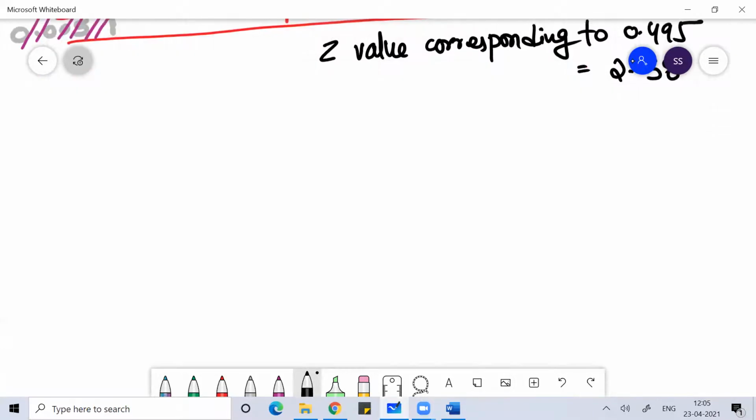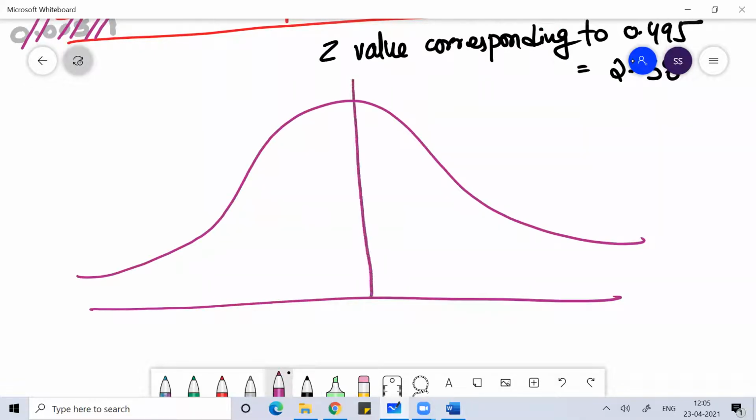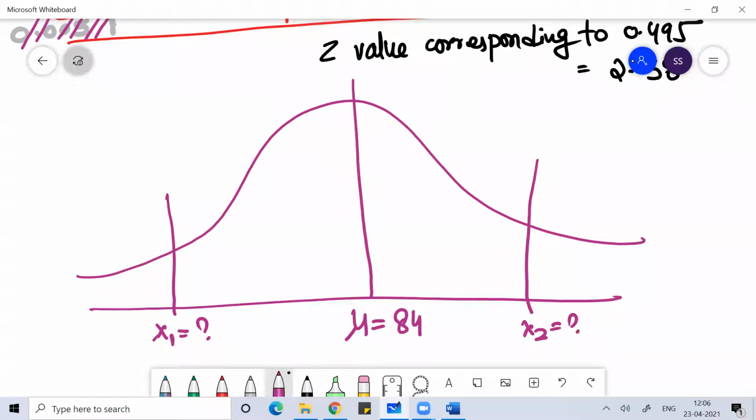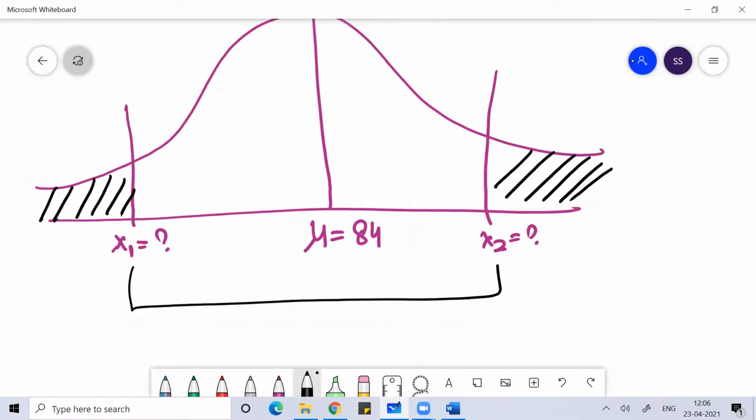So if you observe in this problem, your population mean is given to you as 84. So the two acceptance regions will be here. If your value lies between this and this, you will accept the null hypothesis.